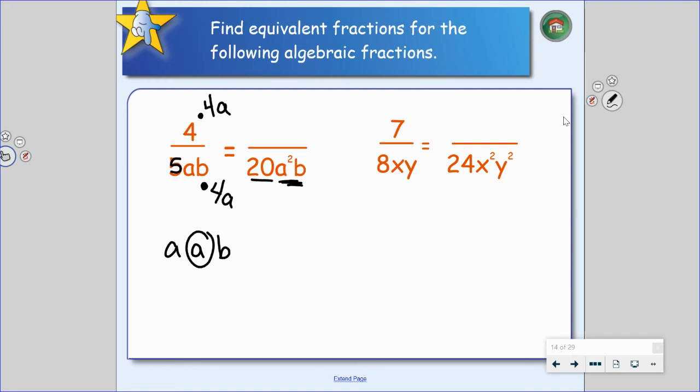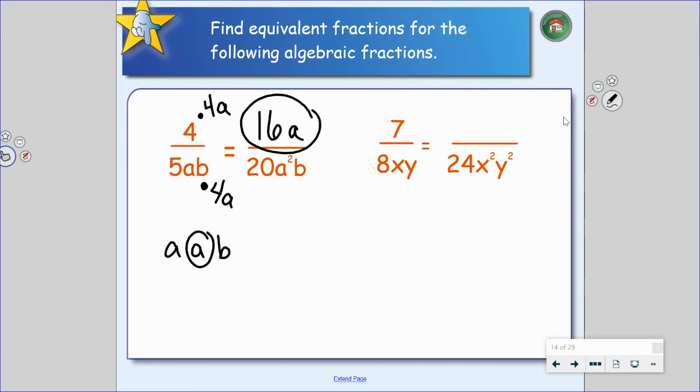A times A would give us A squared, and then there's the B at the end. So let's go ahead and be fair and multiply both numerator and denominator by 4A. 4 times 4 is 16A. And now we have an equivalent fraction where 4 over 5AB is the same amount as 16A over 20A squared B.